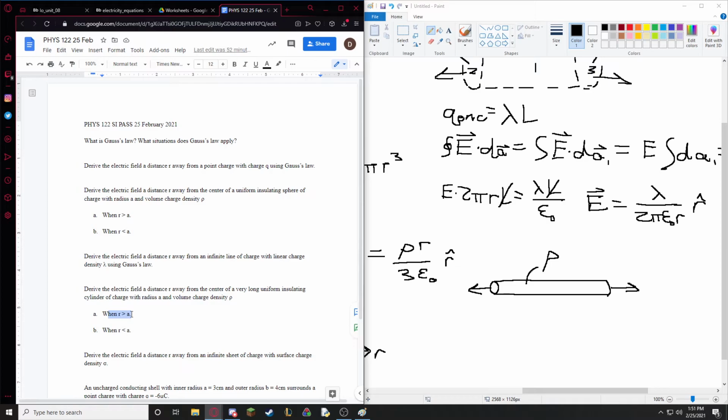I don't really care about when r is greater than a, because once again, it's just an infinite line of charge. But if r is inside a, if this is a sideways cross-section of a cylinder, we want to find it where r is less than a. Let's take about 5-6 minutes, then we'll go over it.